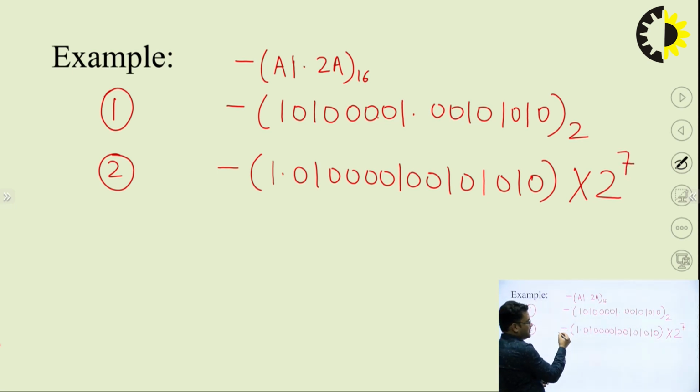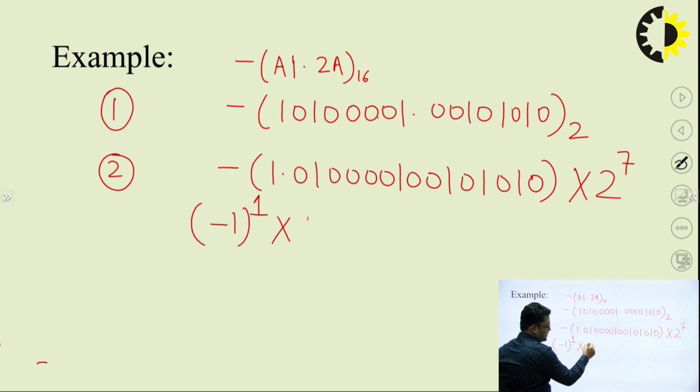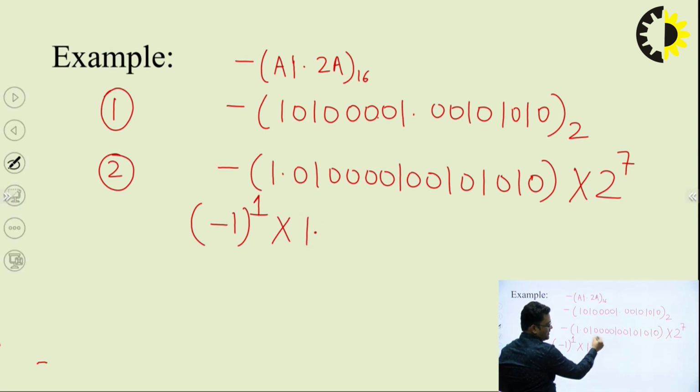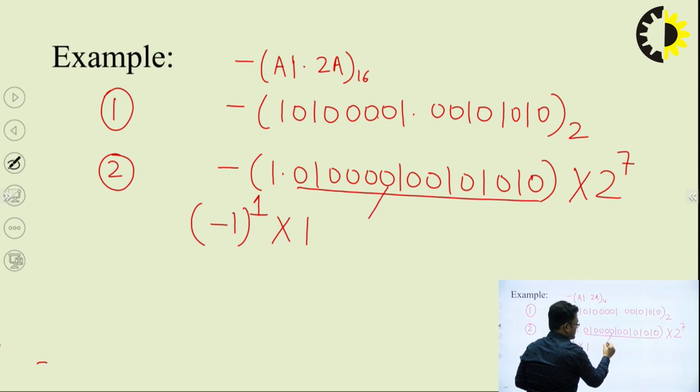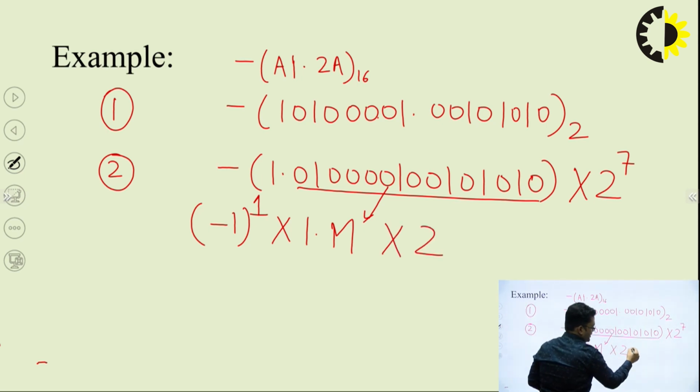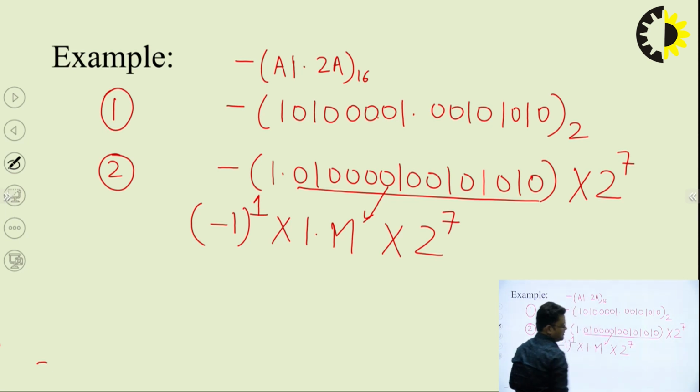And for this negative number we write (-1) raised to the power 1 this time, because (-1)^1 is -1, which makes this number negative. Then we have 1 dot mantissa part. This is our mantissa part, right? We need to put this number here, and multiply it with 2 raised to the power e, that is 7.